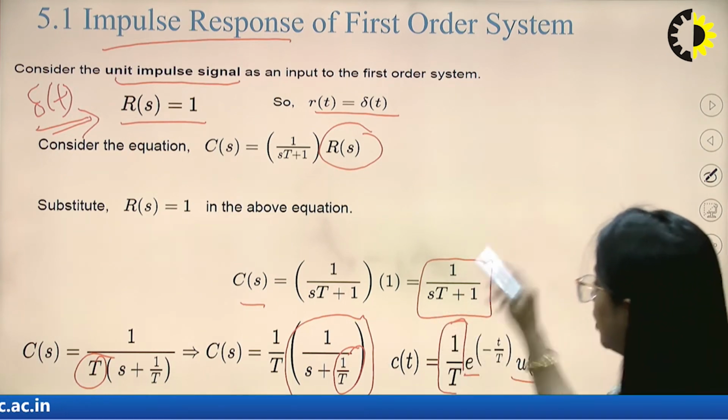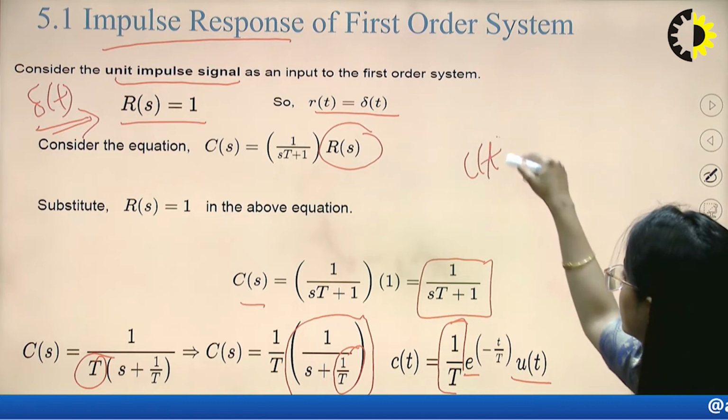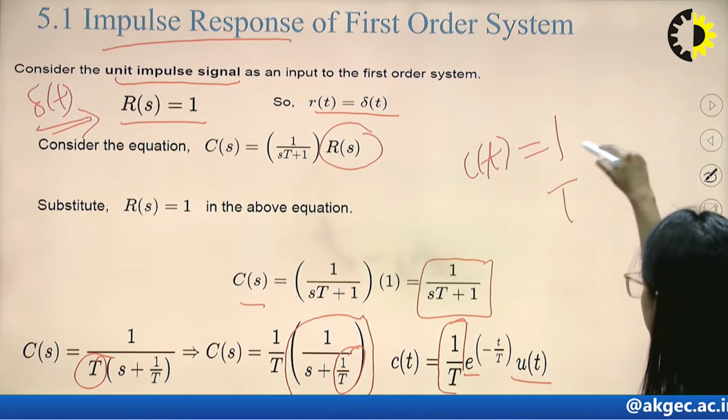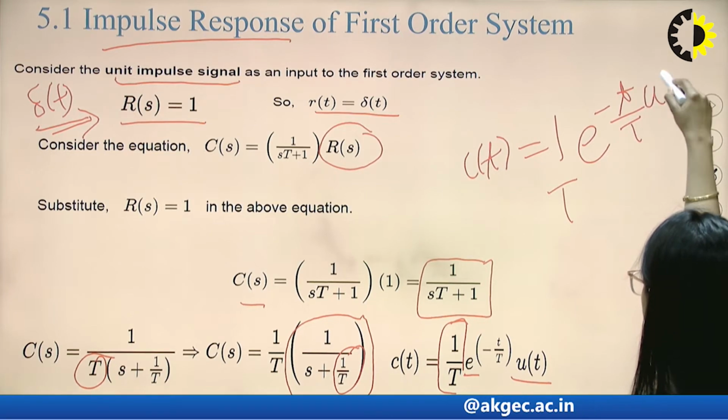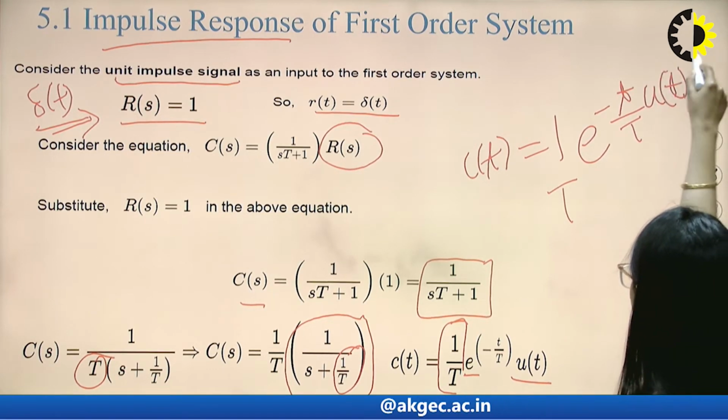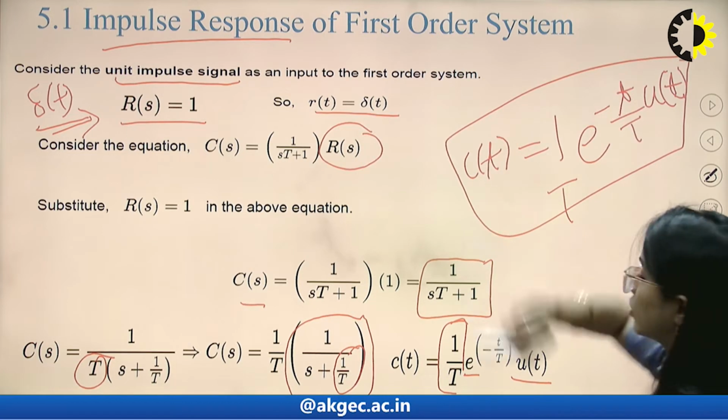So the output response c(t) is 1 by T e raised to the power minus t by T into u(t). This overall we call the impulse response.